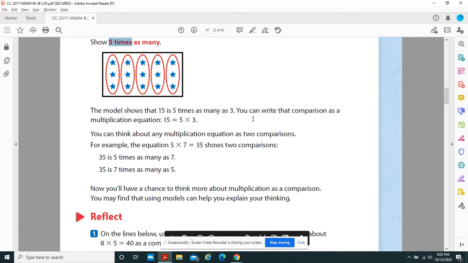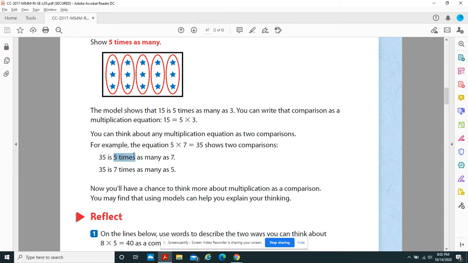Look at another example. 5 times 7 equals 35 can also show two comparisons. The word "is" in our comparison sentence is represented in our equation with an equal sign. So when we say 35 is, we're talking about the answer of 5 times 7.